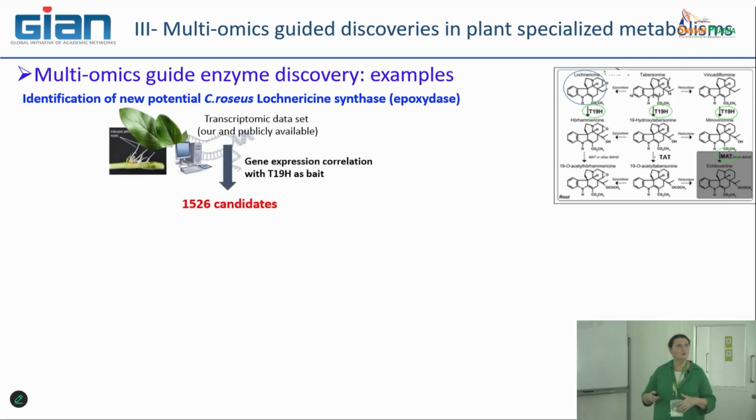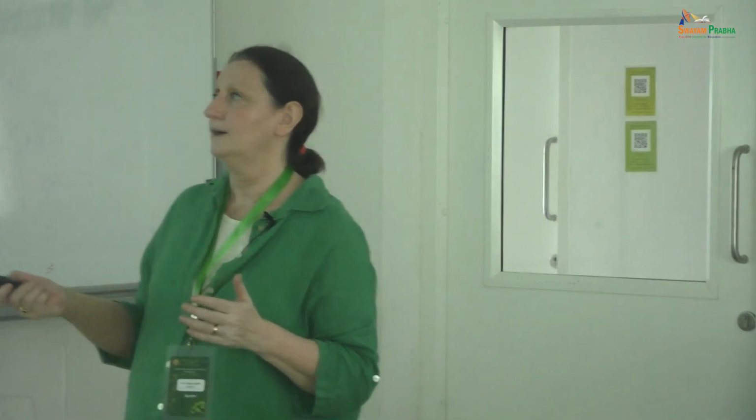So we have generated new transcriptomic data of our material, but we have also included in this study some other transcriptomic data that come from other types of Apocynaceae plants that are also able to produce lochnericine or metabolites that are close to lochnericine. The aim was to have the maximum number of candidates because epoxidases are less represented as a family of enzymes in the genome than, for example, other types of enzymes.